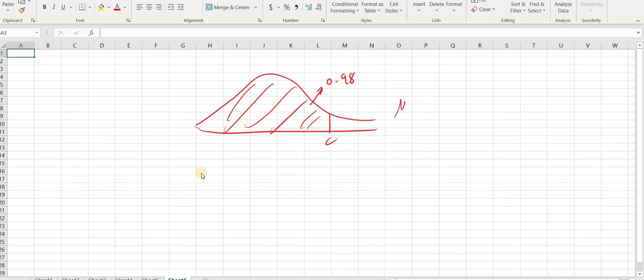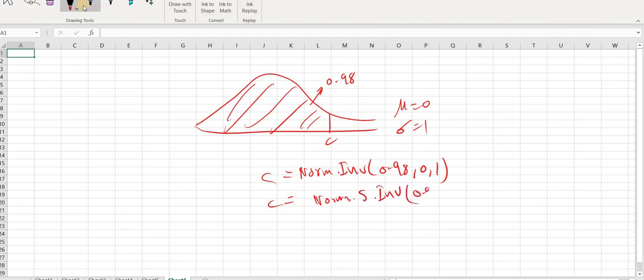And the mean is 0 and the standard deviation is 1, because this is the standard normal distribution. So I have everything I need for the inverse function. So NORM.INV of 0.98, comma, the mean, comma, the standard deviation. Or you can say C is equal to NORM.S.INV of 0.98. So either one is going to give you the right answer.